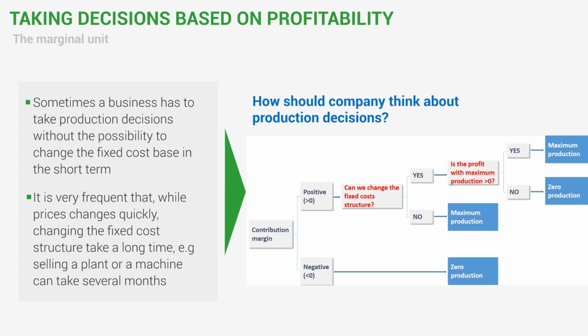If we can change our fixed cost structure, meaning that we can choose whether to incur fixed costs, we should understand whether profit when producing at full capacity is greater than zero. That means checking whether our total contribution margin, given by unit contribution margin times quantity, is higher than our fixed cost. If so, we should maximize production, otherwise we should not produce at all. If instead we cannot change our fixed cost structure, as in scenario 2, we should only maximize production since fixed costs were already paid.